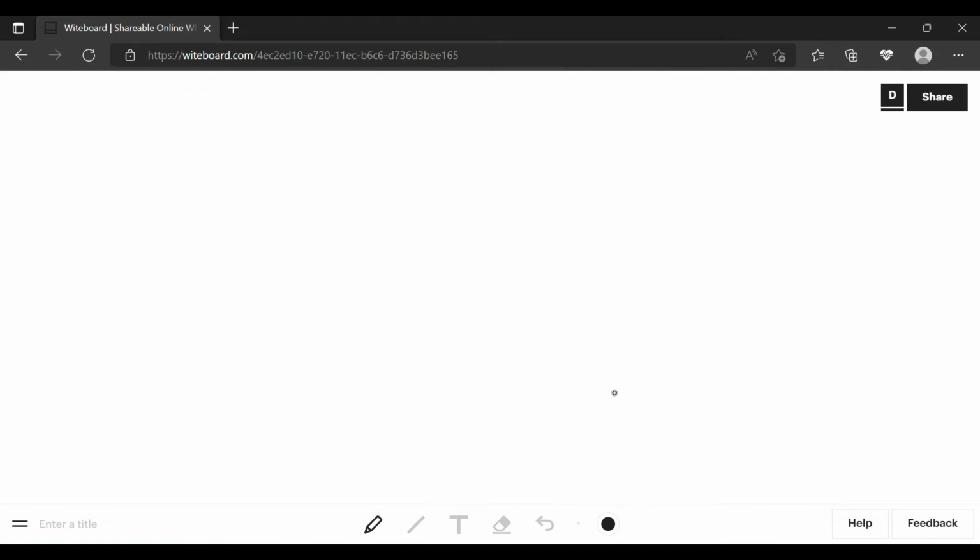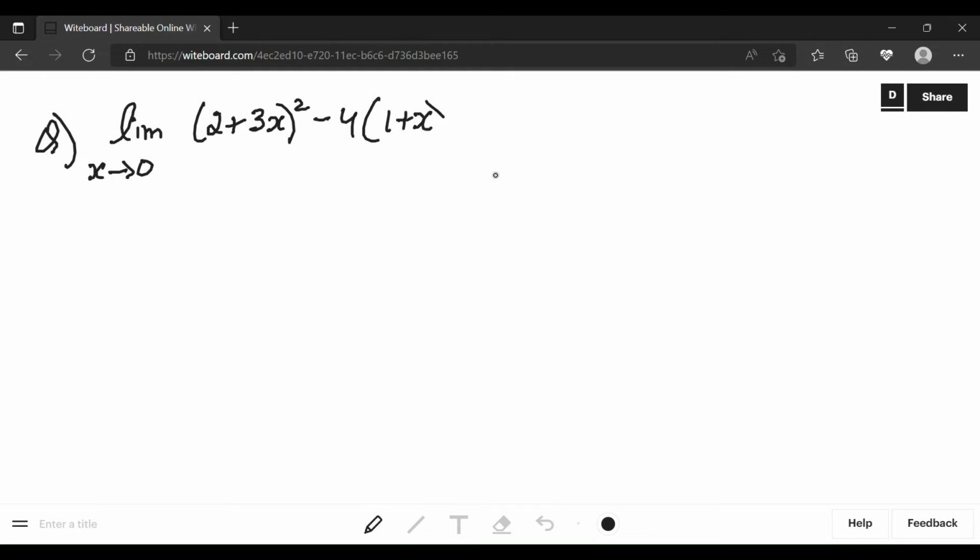Now coming to the question, you have to evaluate this limit as x tends to 0 of (2 plus 3x) whole square minus 4 times (1 plus x) whole square, whole upon 6x.